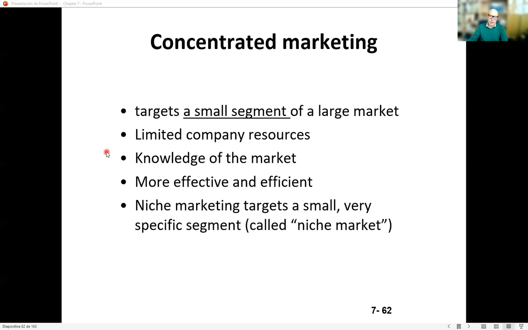Typically, this is also good for companies that have a very good knowledge of the market and can specialize in this segment, and then they can be very efficient and effective in their marketing to these small segments. Sometimes this is called niche marketing, because when the small segment is very specific and very small, it is sometimes called a niche.